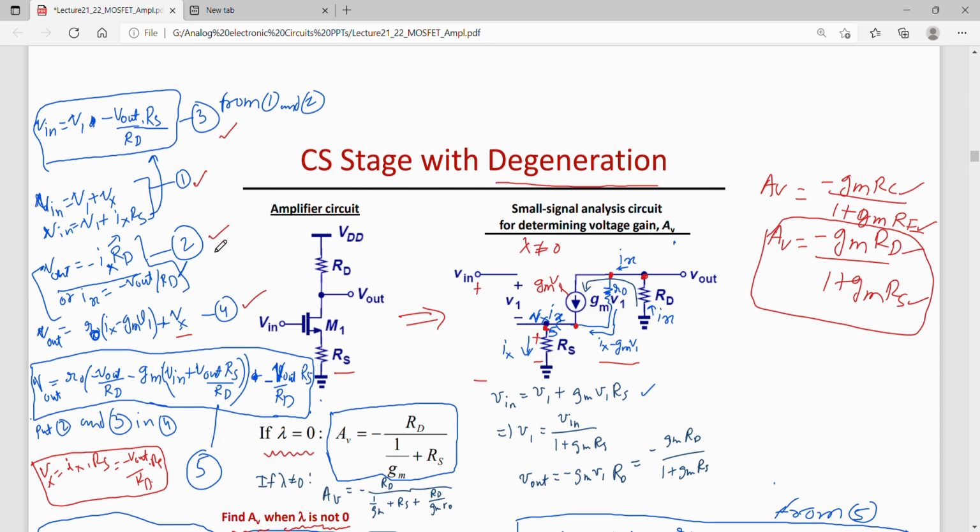Now putting equation number 2 and 3 in equation number 4, we get a relationship for V out.